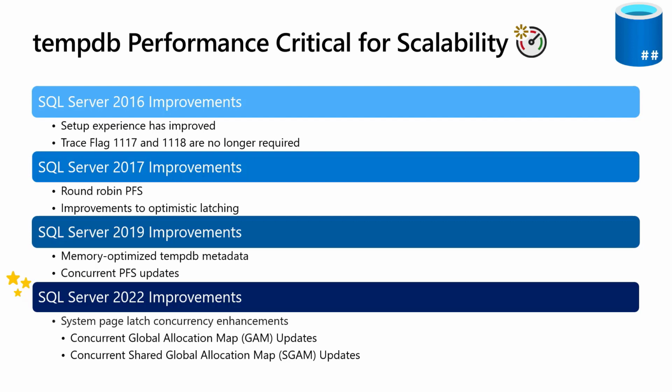So the question we often get with SQL Server 2022, if concurrent GAM and concurrent SGAM updates are some of the last areas of contention and we've resolved it, do we still need the best practices? It's a really good question, and I'll say we don't know. But out of the gate, we're going to continue recommending the same best practices, apply the same approach, but we may adjust if we find that it's no longer required.